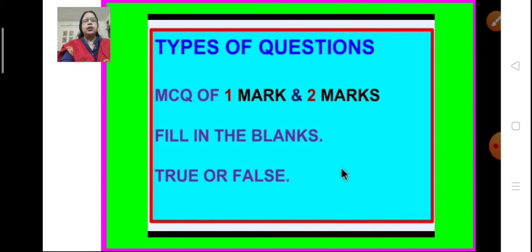Yes, it carries 20 marks and there will be MCQ type of questions which carry 1 mark and 2 marks, and there will be fill in the blanks and also true or false type of questions. You have to read the question carefully, and there will be options for all the questions.